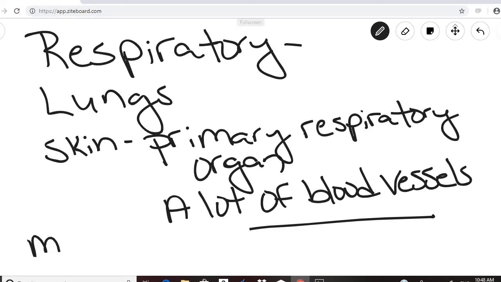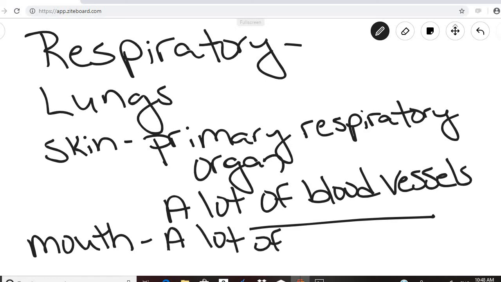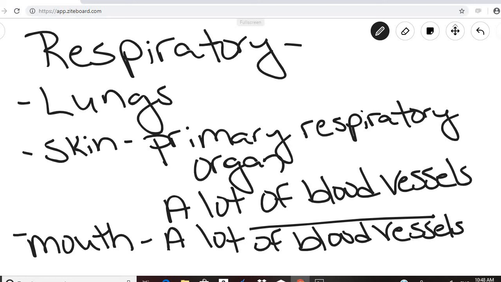The other way that they can breathe is through the mouth. And again, inside the mouth, there are a lot of blood vessels. And so the oxygen and the carbon dioxide can also just move across the mouth into the blood. So they have 3 ways of breathing, but the skin is their primary respiratory organ.